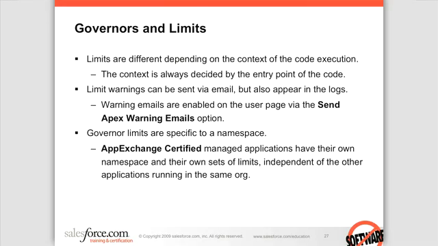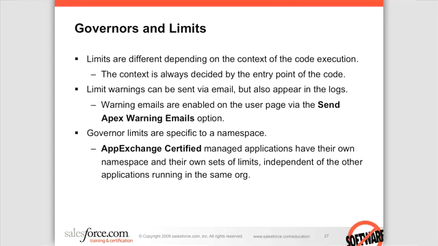We'll take a look at that, and we can see our governor limits, and it'll tell us where things are executing. Associated with the user account is a checkbox called Send Apex Warning Emails. Enable this to receive warnings about the Apex governor limits and about exceeding those limits.